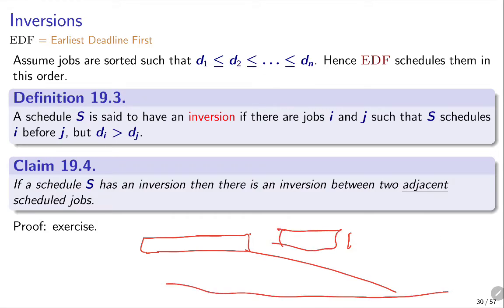You draw the jobs on one time schedule and the deadlines on the other, then if you have an inversion, which means that the edges between their end time and their deadline, those segments intersect, then there must be two consecutive ones that intersect. And the proof of that is hopefully immediate, right? As we essentially saw before. Okay, so that's good.